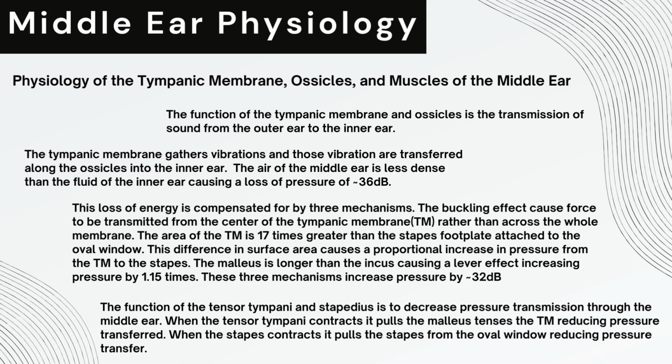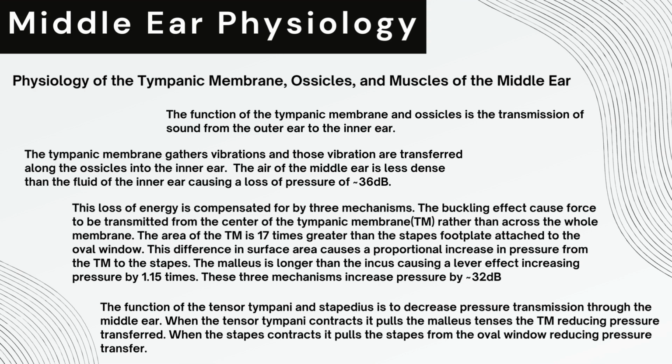And the area of the TM is 17 times larger than the stapes footplate attached to the oval window. The difference in surface area creates a proportional ratio from the TM to the stapes.